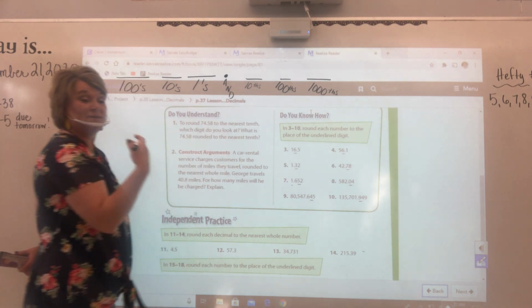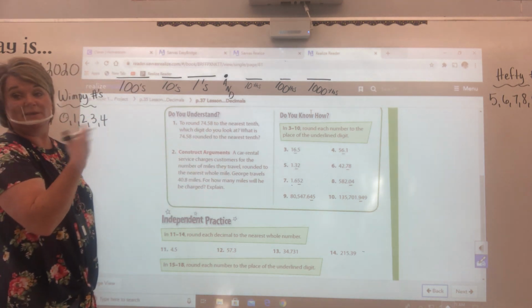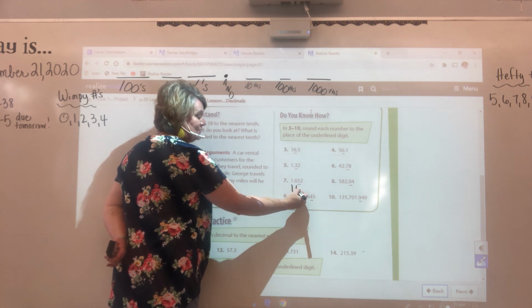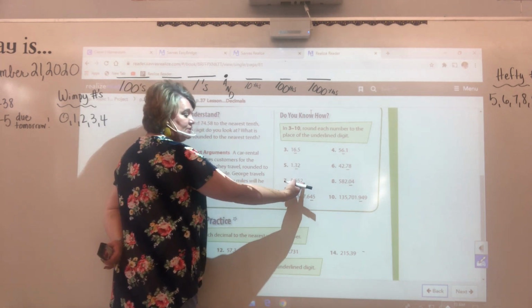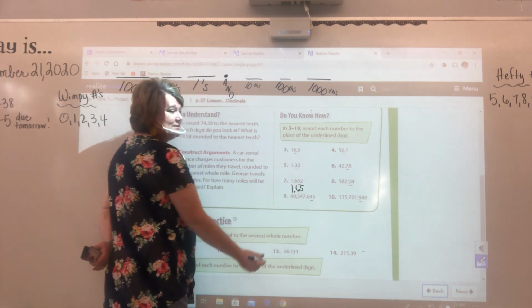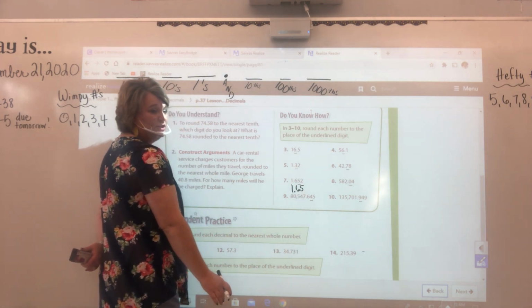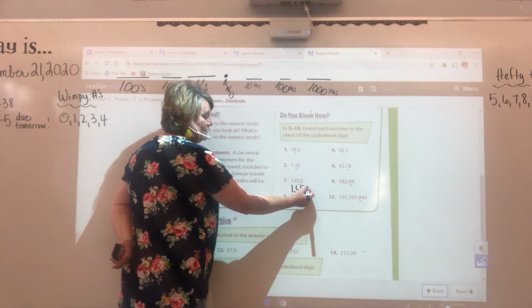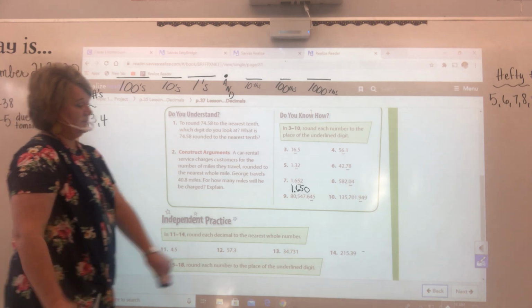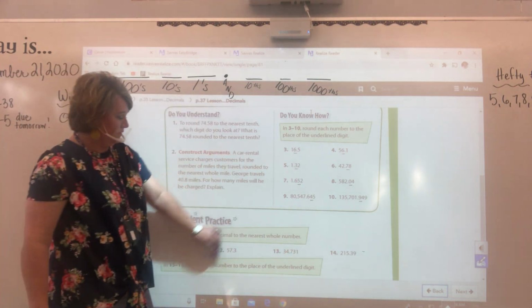Everything before the line does what, class? Everything before the line. Say it. Stays the same. So the 1 stays the same. The 6 stays the same. And since the 2 didn't have enough power to push the 5 over, the 5 stays the same. So what's the only thing that changes here? The 2 becomes a what? 0. 0. Xander, pay attention. Gosh, this is important.